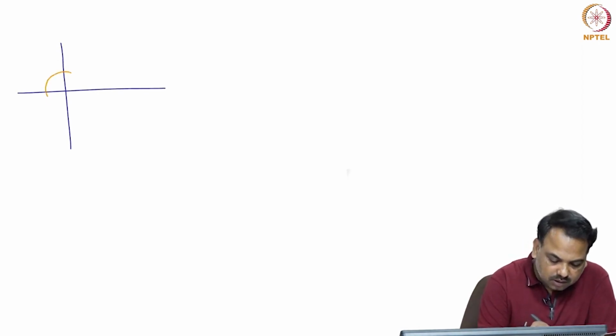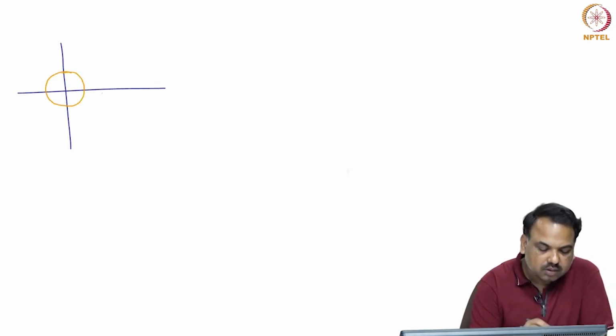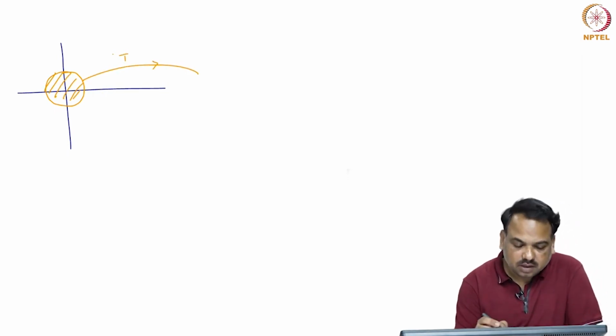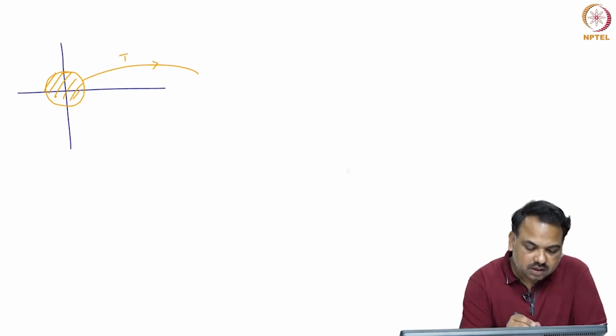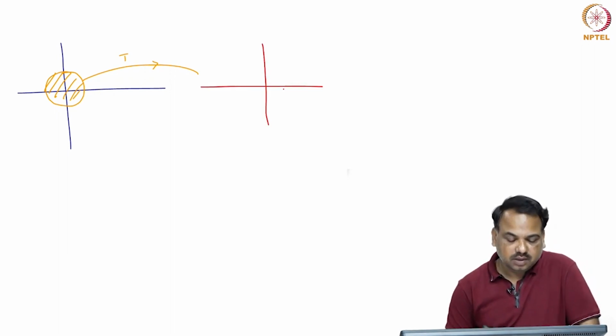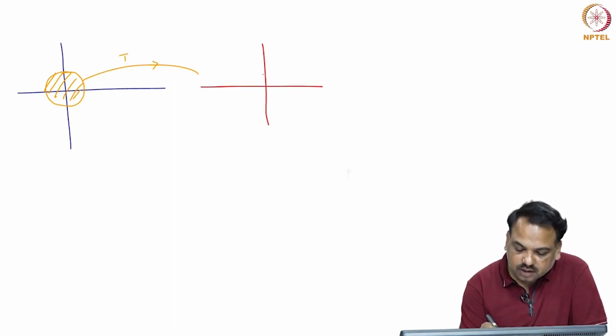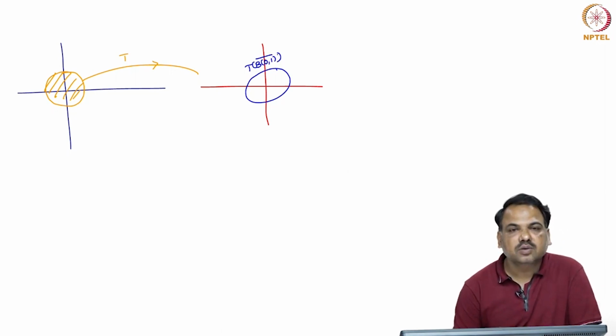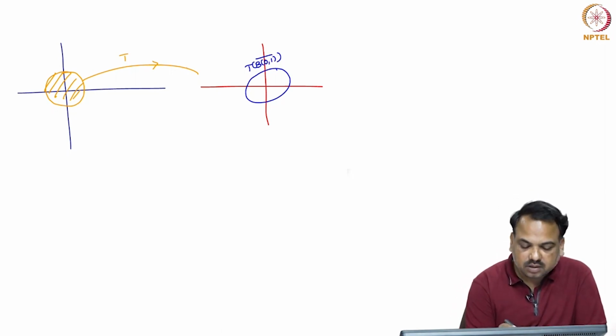Under the map T, it is sent to a bounded set in R2. So let us take the bounded set to be of this kind. So this is T of B(0,1) closure. Because T is bounded, this set is also bounded.